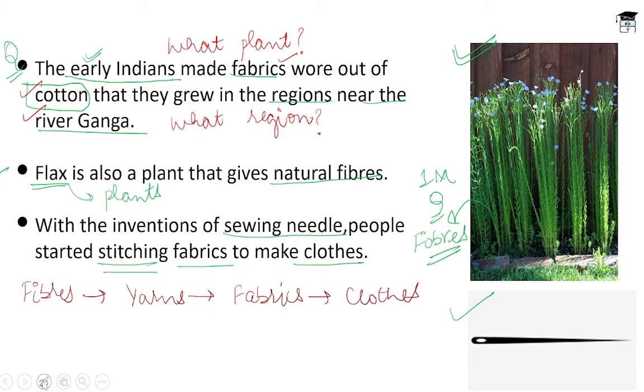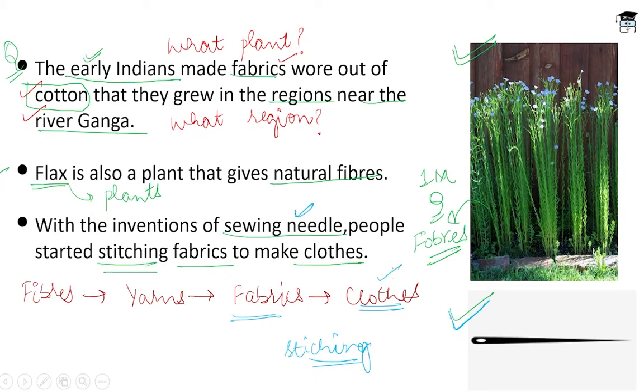But people did not know how to make clothes from these fabrics. So they used something known as the sewing needle. What is the process here that involves the sewing needle? It is stitching. They started stitching fabrics to make clothes.